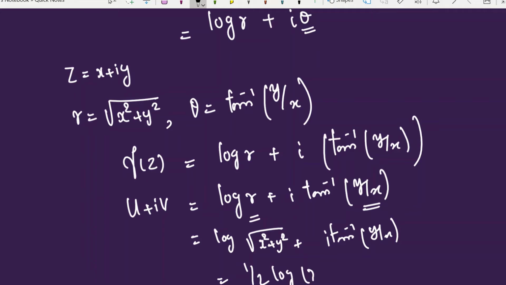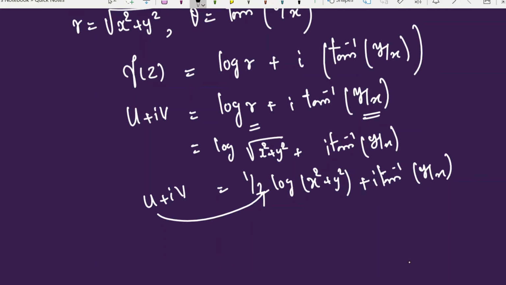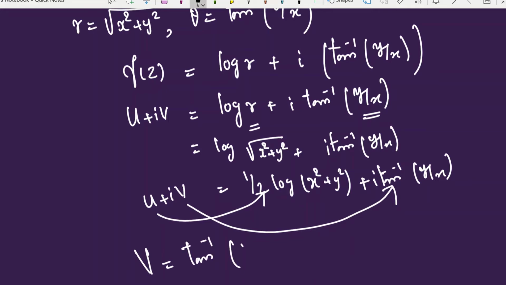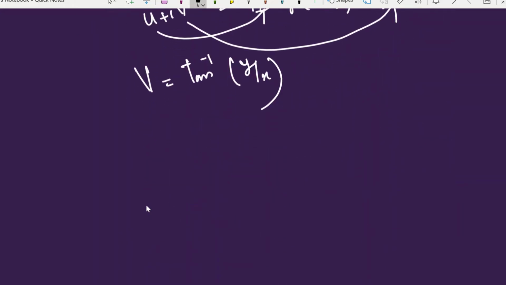We can write it as half log of x square plus y square, plus i tan inverse of y by x. So when you are equating, this is my u, which is available in our question itself. But we have to find the conjugate. So this is the conjugate: v value is tan inverse of y divided by x. That's all.